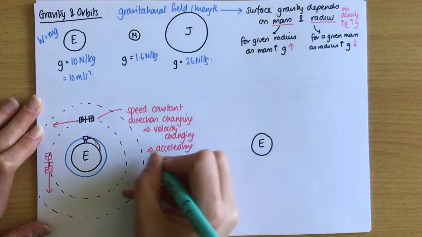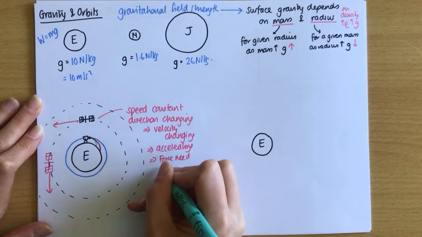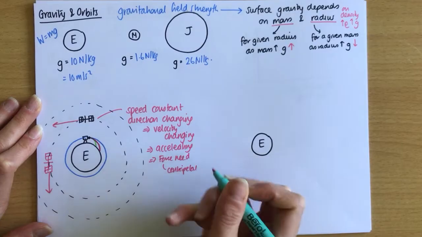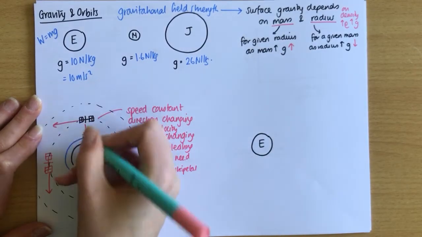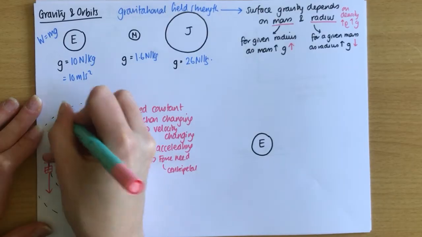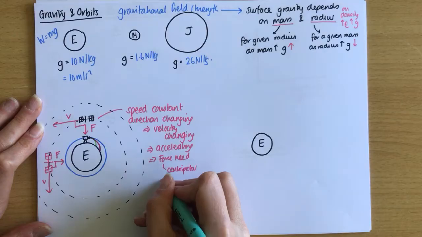And for acceleration to happen, we must have a force needed. And this is a centripetal force, which is in the forces topic. And that force will always act towards the centre of the circle at right angles to the velocity. And the centripetal force for an orbit is gravity.